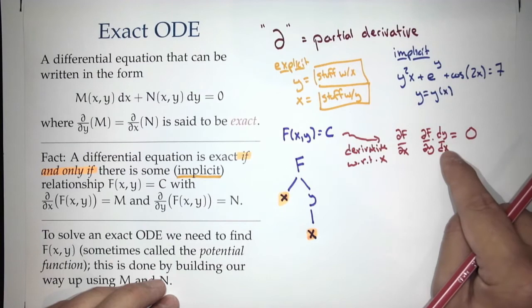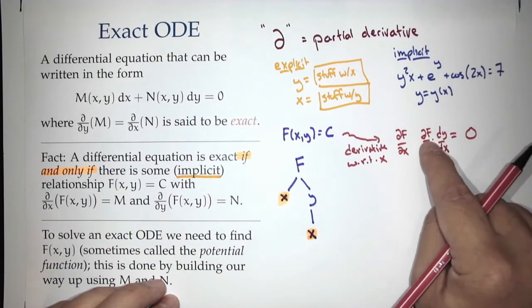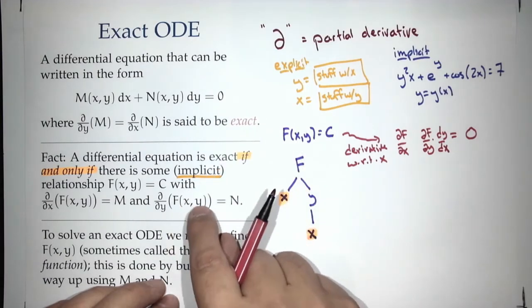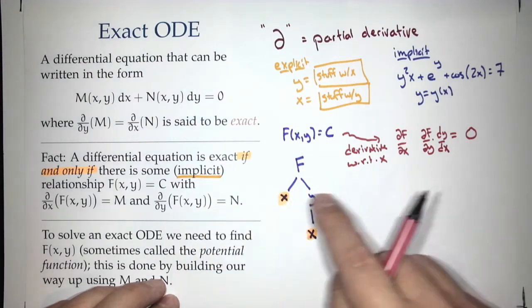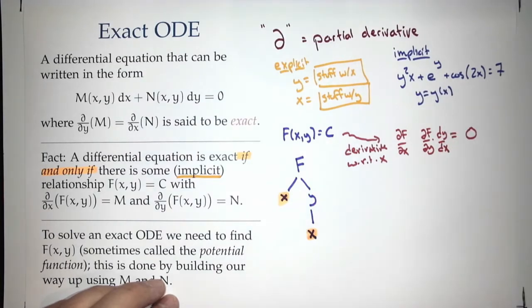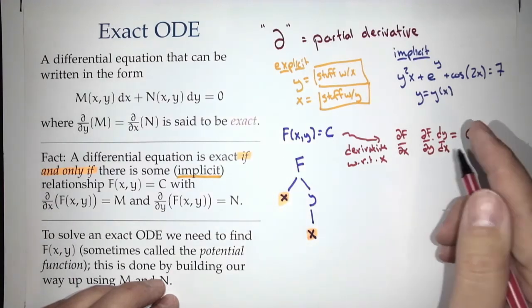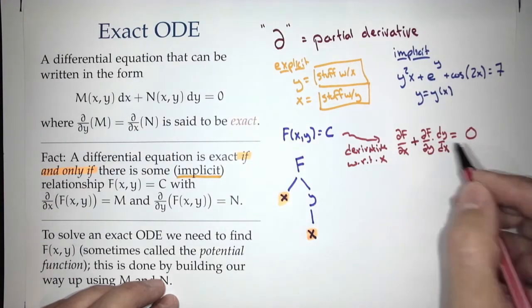Yeah, okay, someone said the one on the right is not a partial. That's the right idea. Because notice, what is f? f depends on two inputs, x and y. And here, what is y? Well, y depends on one input, x. So we use the partial symbol when there are multiple inputs, and the d symbol when there's only one. Now, those are the two effects. To get the total effect is to add.